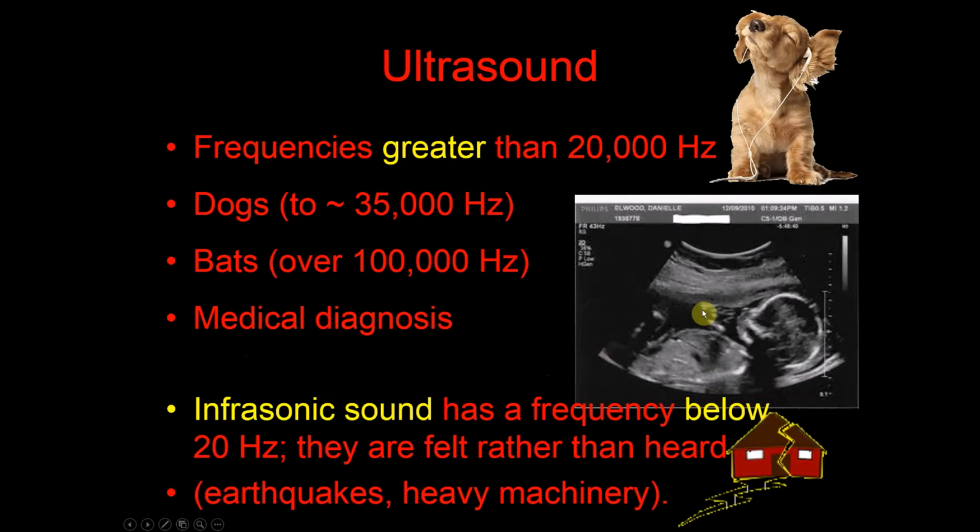Medical diagnosis equipment uses ultrasound, for example to image tumors or any internal problems, or indeed for pregnant women having ultrasounds to image a baby inside them, where radiation would be damaging. Infrasonic sound is the kind of thing where we're dealing with very heavy machinery and earthquakes, which can usually be felt by humans as opposed to actually heard.